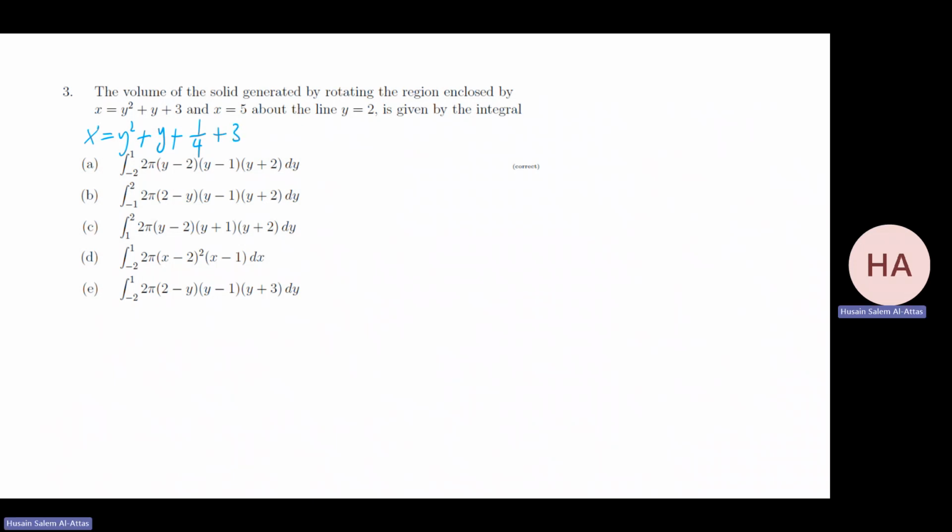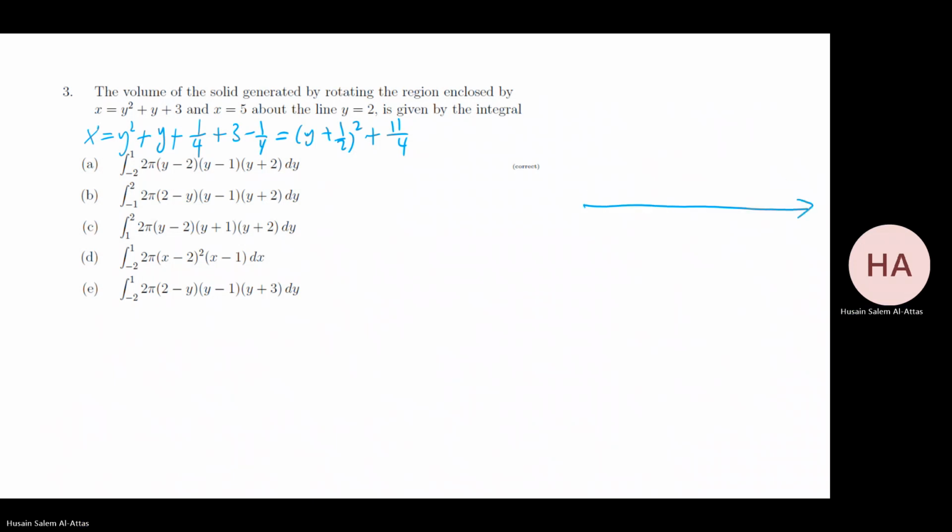So I have plus 3 minus 1 over 4. That gives me y plus half squared plus 11 over 4. So this is the vertex. I need to find the vertex so that I can easily graph the function. The parabola will be open to the right.